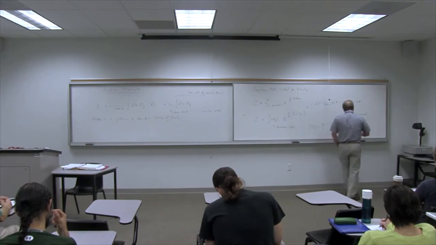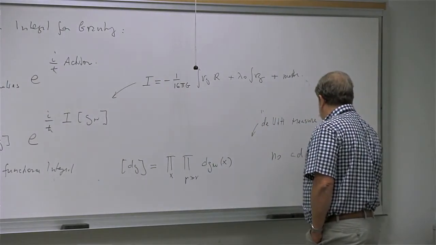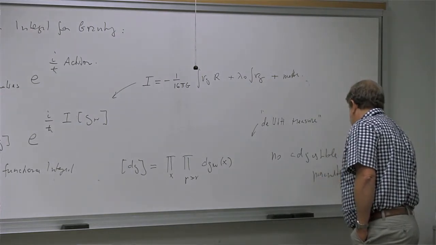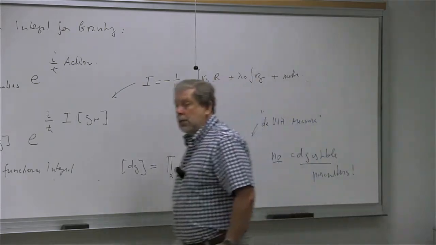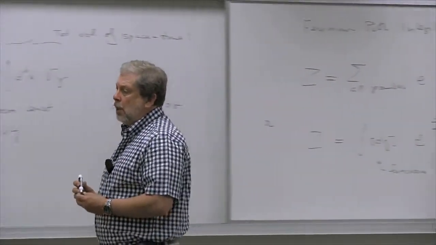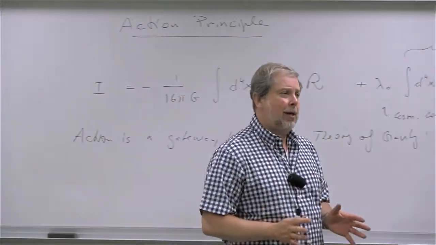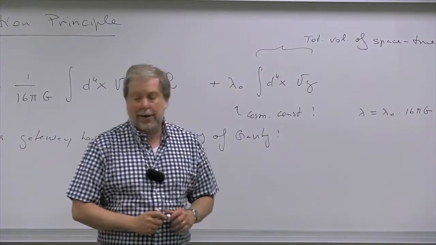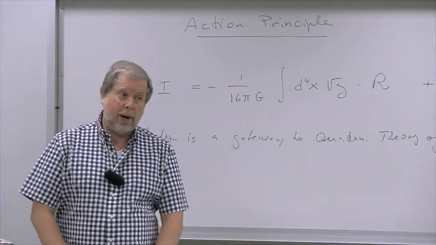In this theory, there are no adjustable parameters. In principle, the classical theory is uniquely determined by general covariance, and so is the quantum theory, which is also supposed to be generally covariant. So it is a theory that contains very few parameters.